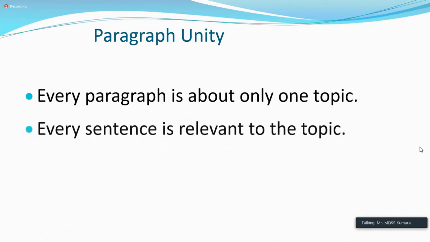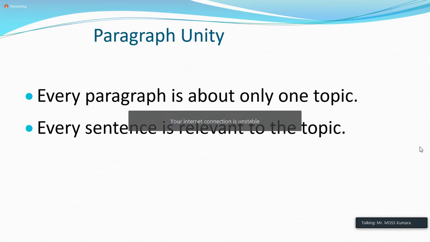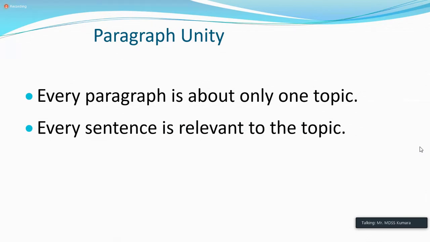That way, for each paragraph, there is only one topic. So it's like a subtopic. Under the main topic, environmental pollution, one topic would be introduction, one topic would be reasons for environmental pollution.